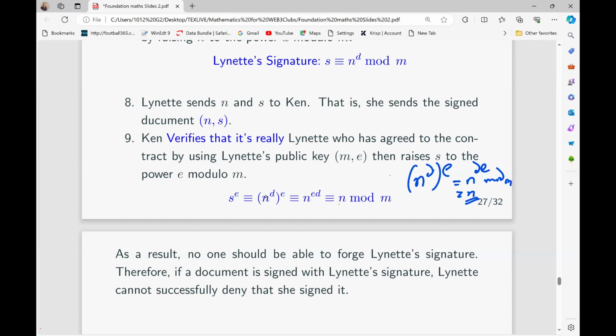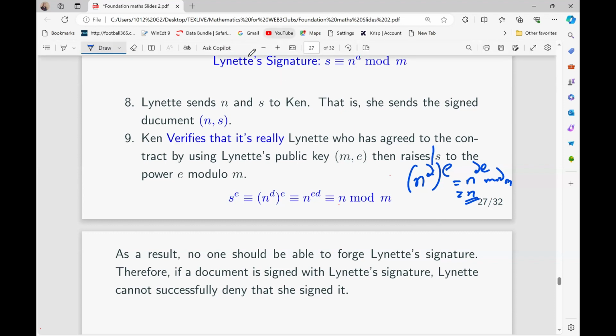You can even work on it using other methods like the Euler-Phi theorem and see whether you get N. Once you get N, you are sure it's Lynette because only Lynette knows D. So she cannot deny this signature. If she denies, she has to tell us who else knows what D is, because this is a private key.